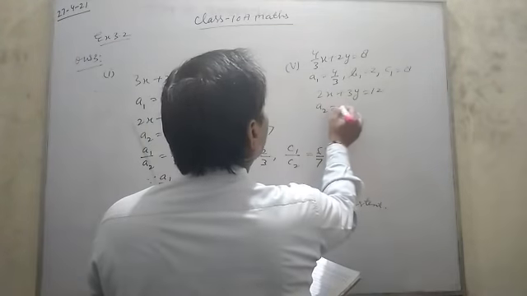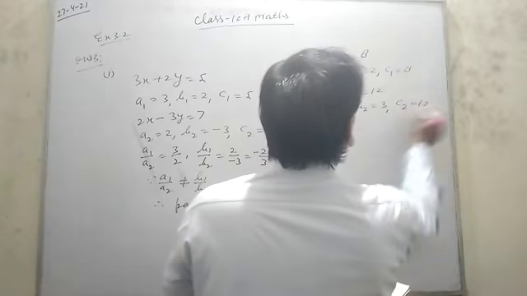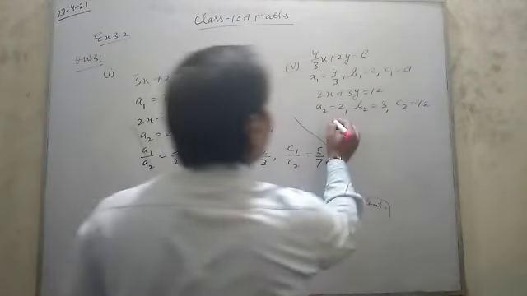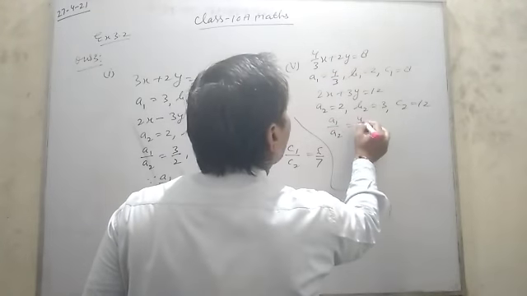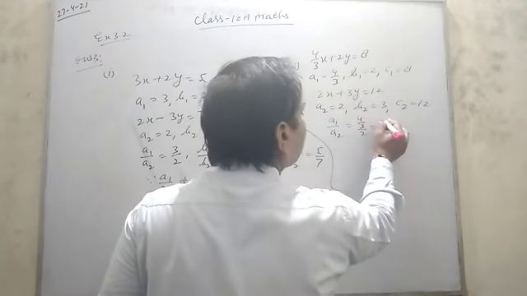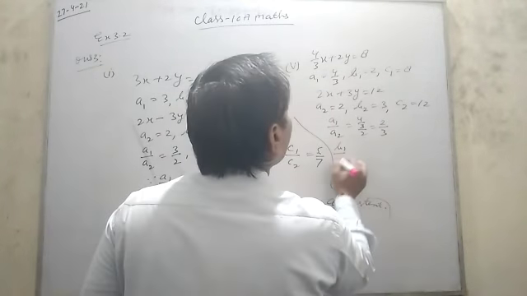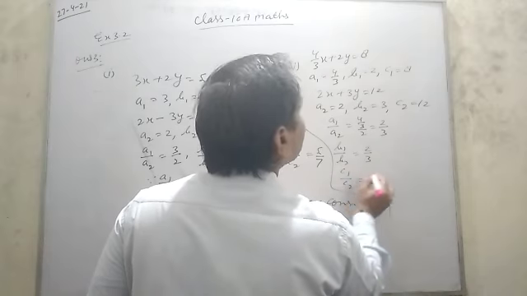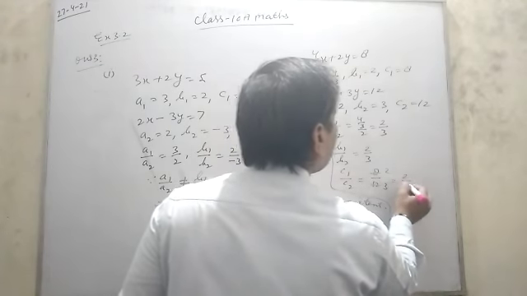So a2 is equal to 2, b2 is equal to 3 and c2 is equal to 12. Okay. So find a1 upon a2. So 4 by 3 by 2 is equal to 4 upon 6, means 2 by 3. b1 by b2 is 2 by 3. c1 by c2 is 8 by 12, this is also 2 by 3.